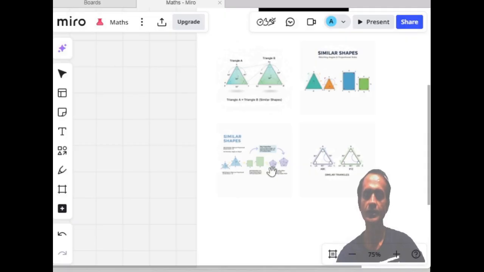Similarly here, this pentagon, small and large, and this triangle. So all these shapes, whether it is a triangle or a rectangle or a pentagon, are all examples of shapes which are similar.